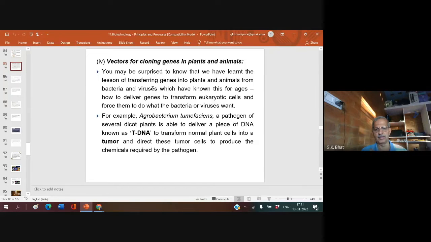I hope you understand this. Jayasri, what is the Agrobacterium tumefaciens used to do? Agrobacterium tumefaciens is a known bacterium to cause diseases in dicot plants. It used to deliver a piece of DNA known as tDNA. T stands for tumor. tDNA transforms normal plant cells into a tumor and directs these tumor cells to produce chemicals required by the pathogen.